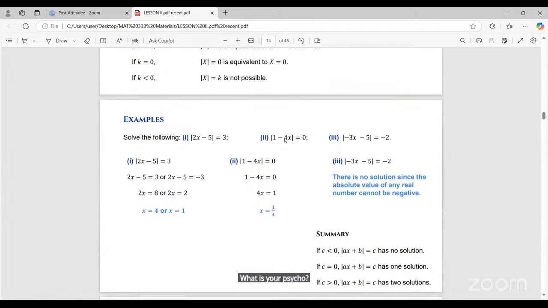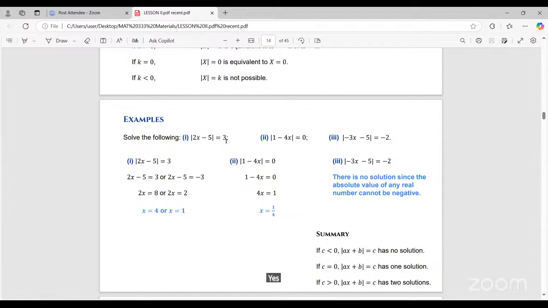Okay, let's look at this now. At this point, this absolute value is less than k. 3 is our k. So this one has two solutions, which is what we solve here. The absolute value of 2x minus 5 is less than k.